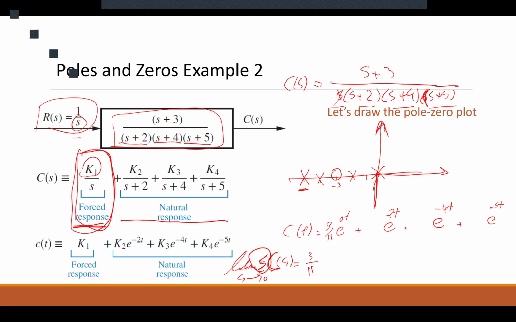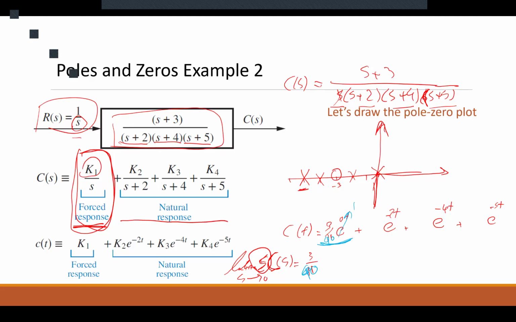You put S equal to 0, so it's going to be 3 over 2 times 4 times 5. Right? Oh, yeah, sorry, 8 times 5 is 40. Thank you. Now, e to the power of 0 is 1, so we have one term, which is equal to 3 over 40.